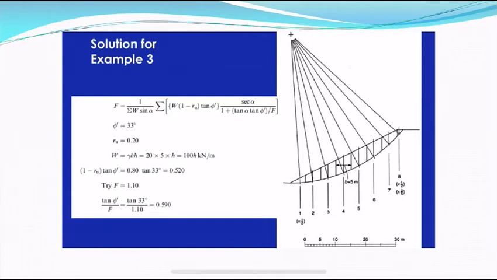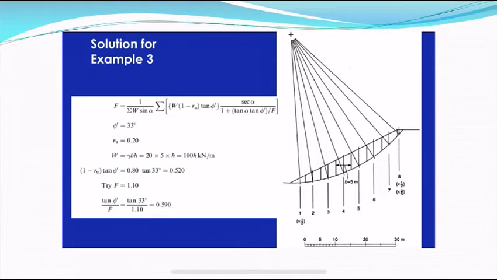So estimate the weight of the slices. Gamma B into H, in terms of H, is 100 kilonewton per meter, and 1 minus Ru into tan phi dash is estimated as 0.52.